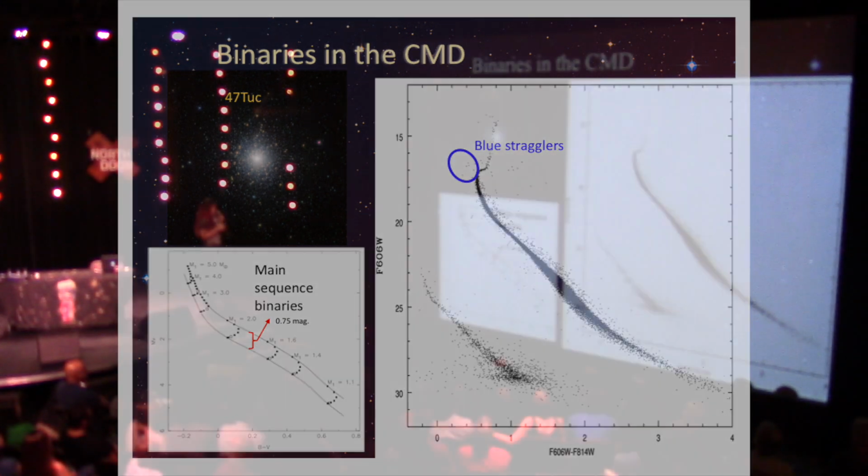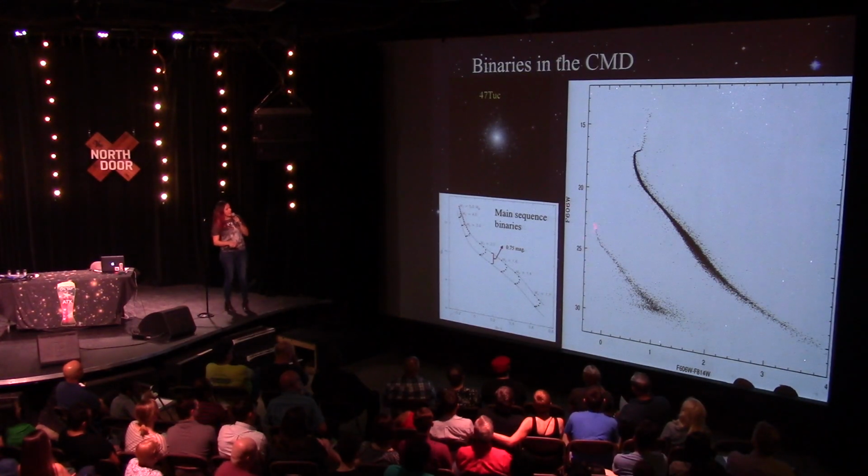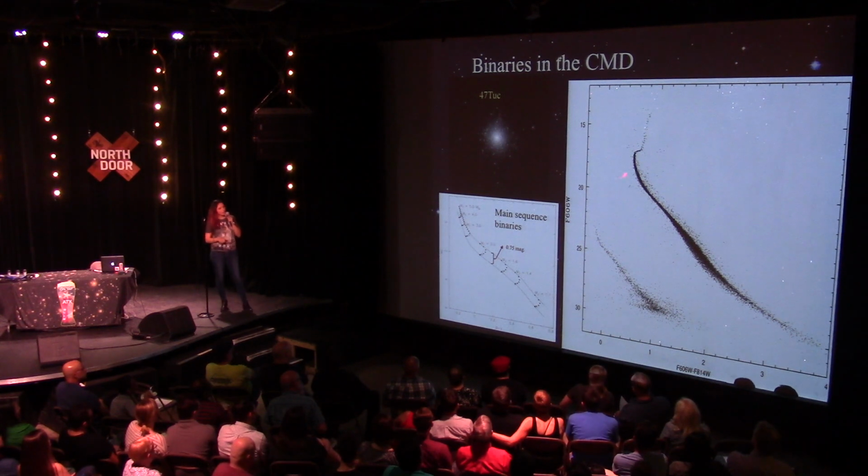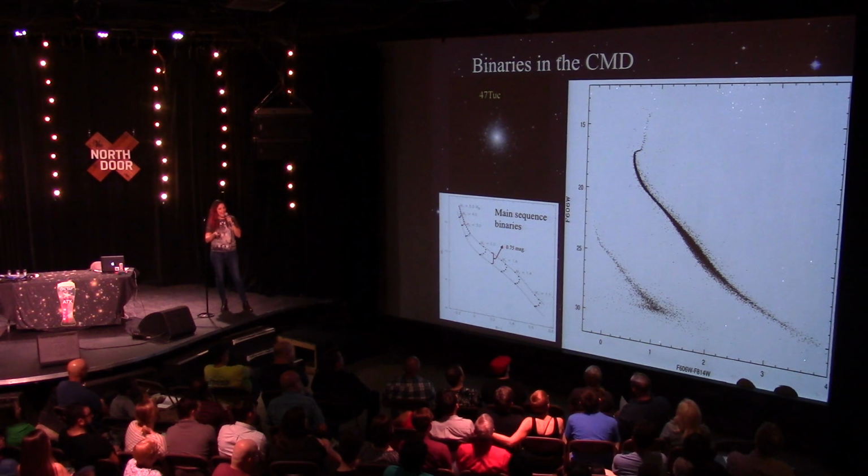First things first, I'm going to show you guys where the main sequence binaries are in the color magnitude diagram. They populate this range here, that is about 0.75 magnitudes brighter than the main sequence. Why is that?